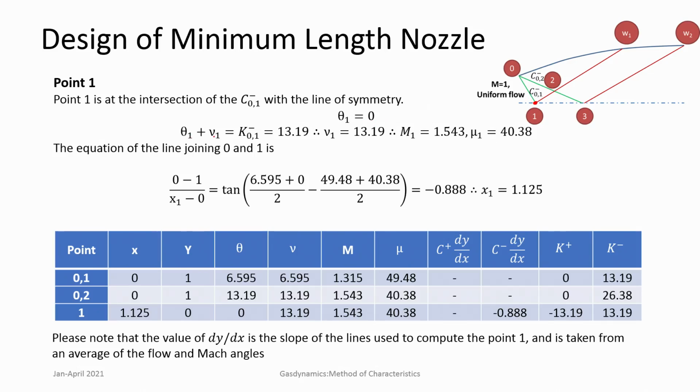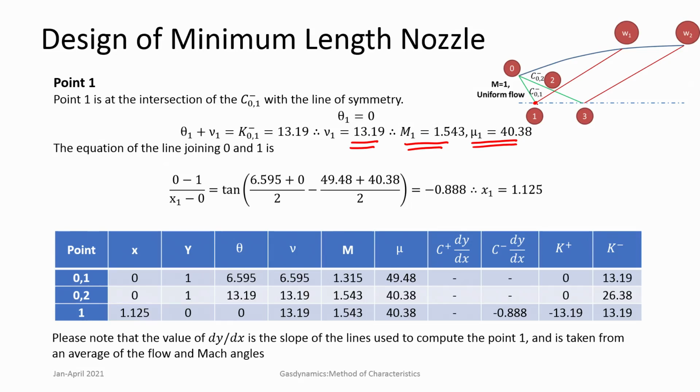So theta 1 plus nu 1 is equal to 13.19, it is already known, but theta 1 is 0, therefore nu 1 is 13.19. Therefore corresponding Mach number you can get is 1.543, and the Mach angle also you can get, 40.38.